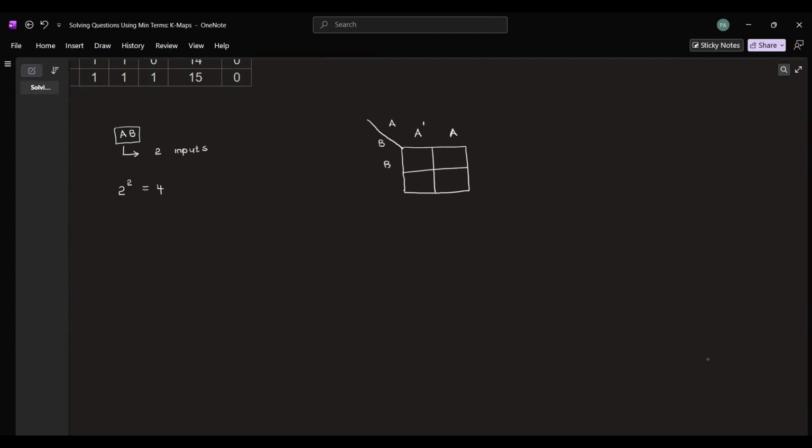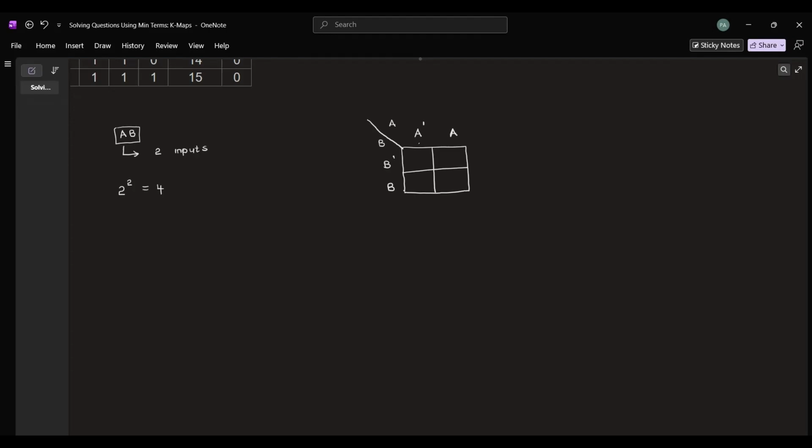We will say B is absent, B is present. In a 2-input system, you don't have to worry about the order of the absent or present also. You can just draw like this.